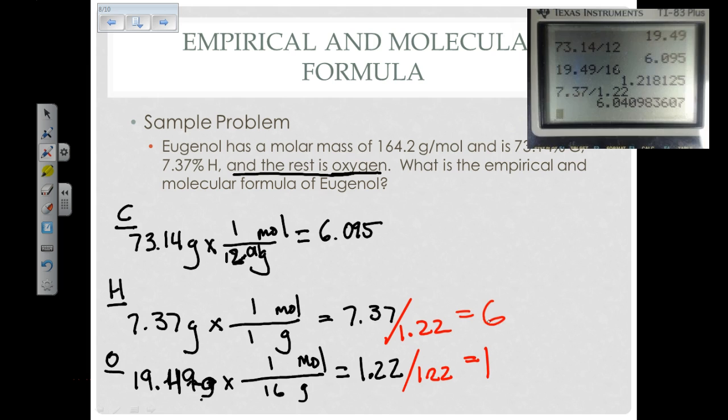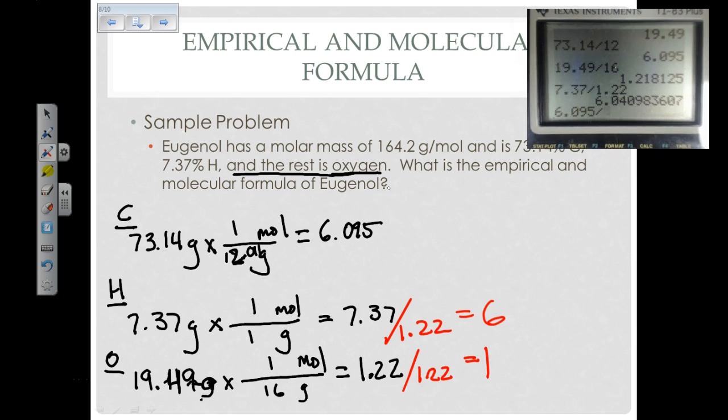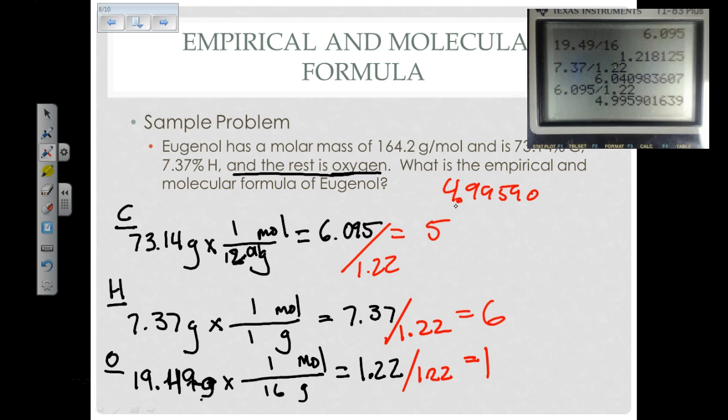And this equals 6, and then 6.095 divided by 1.22, okay, is equal to about 5. And so notice on the calculator you get like 4.99590. So the idea here is that that's close enough to 5 to do this. And even that one where it's 6.04, that one is close enough as well.